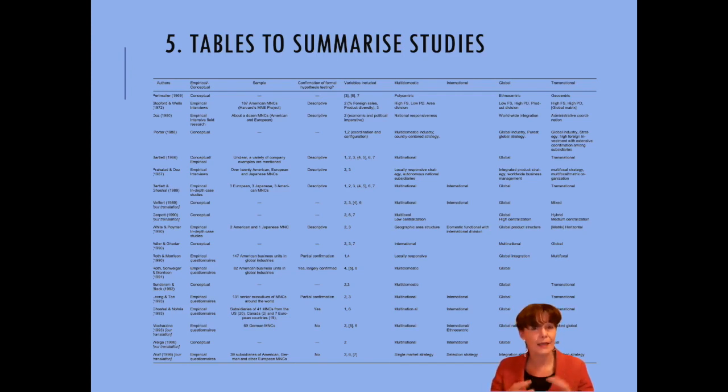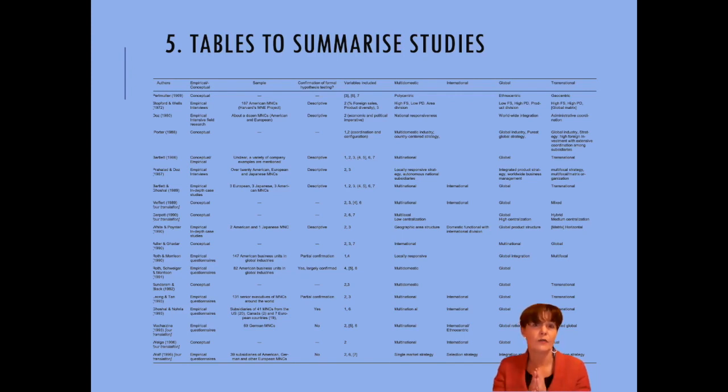But it basically gives the authors, indicating whether a study is empirical or conceptual, what the sample was for the study, whether the hypotheses in the study were confirmed or not, the variables that were included in the study, and then the specific content.